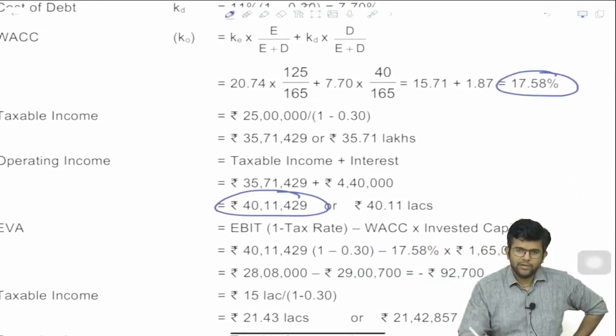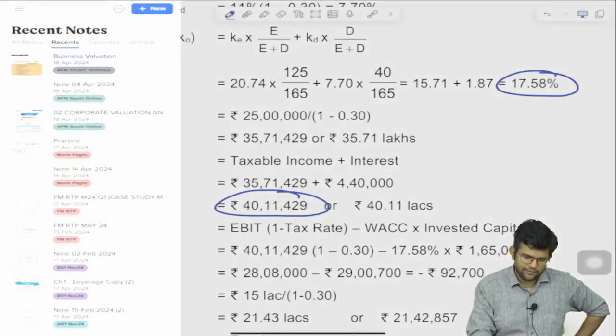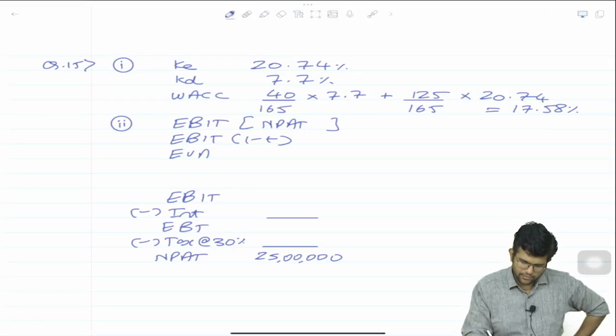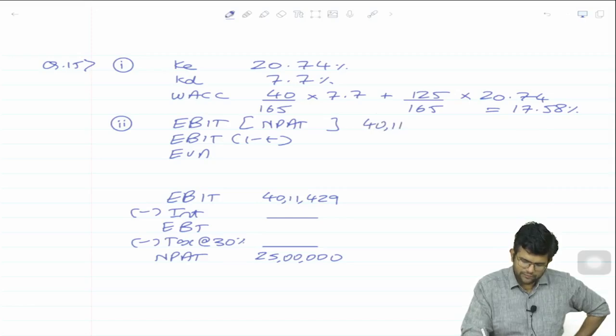This is their WACC stage. You got now how to do it? Reverse. Now that you have EBIT 40,11,429, calculate EBIT (1 minus T).